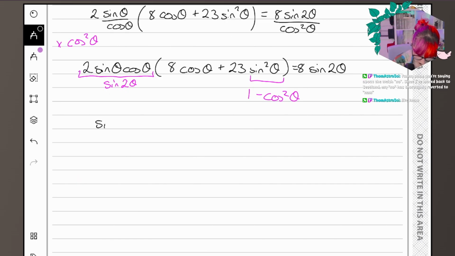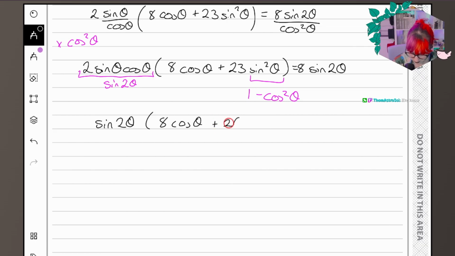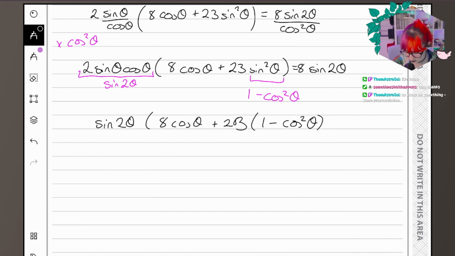Okay. So we got sine 2 theta, 8 cos theta, plus 23 times 1 minus cos squared theta, minus 8 sine 2 theta, equals 0.